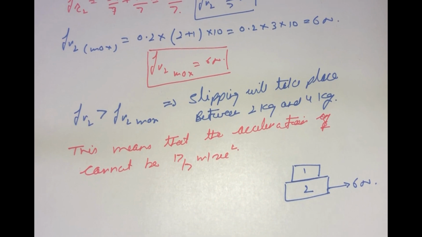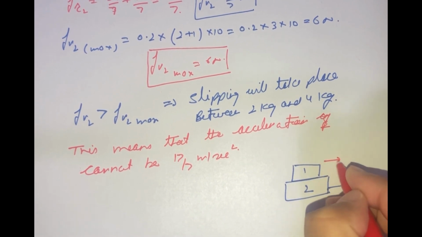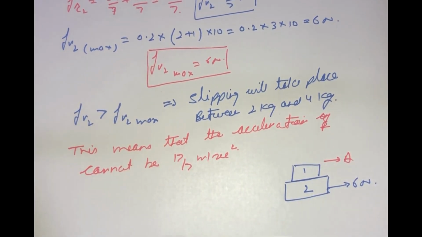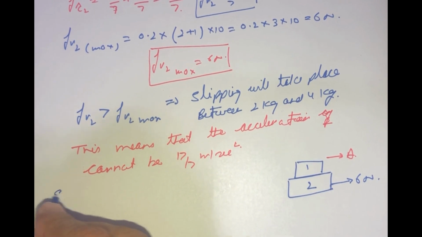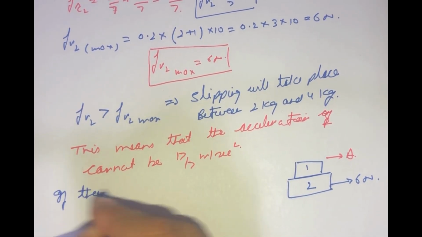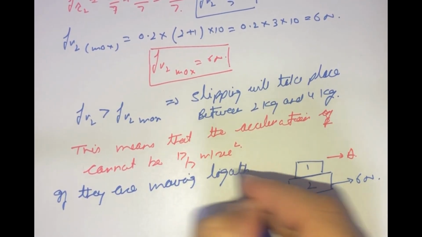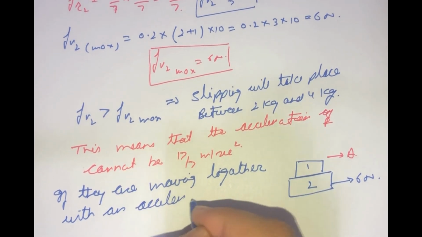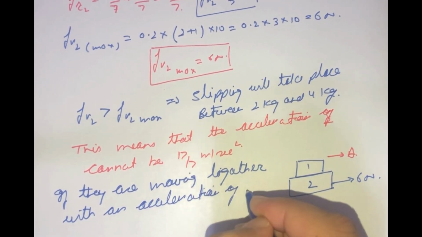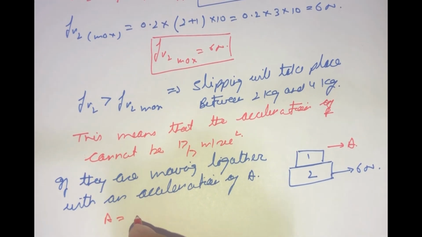And if they are moving together with an acceleration of capital A, then acceleration A will be equal to acceleration of 1 kg will be equal to acceleration of 2 kg.